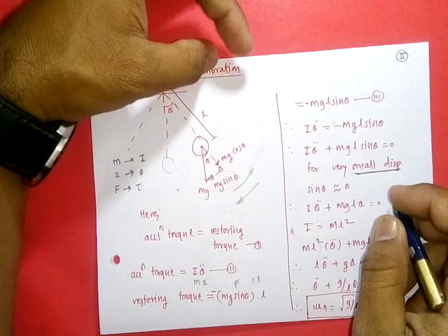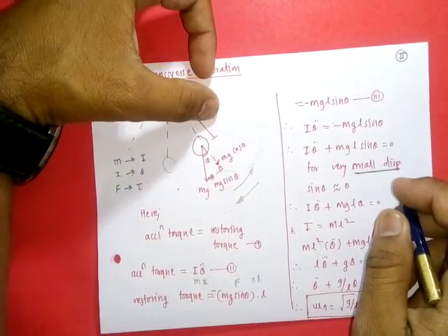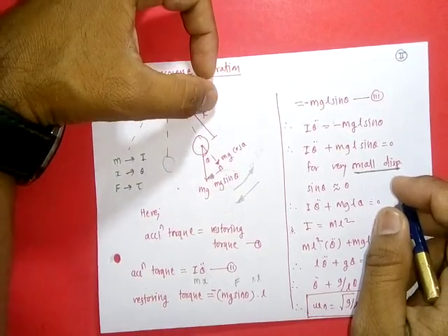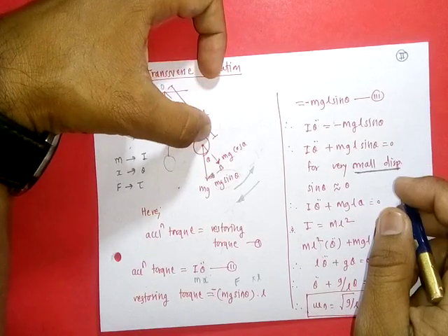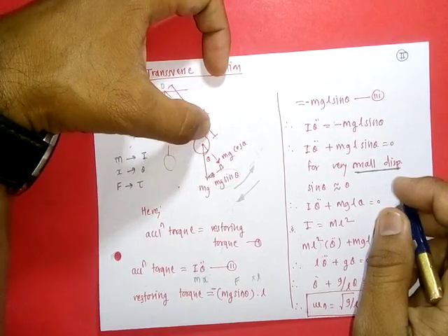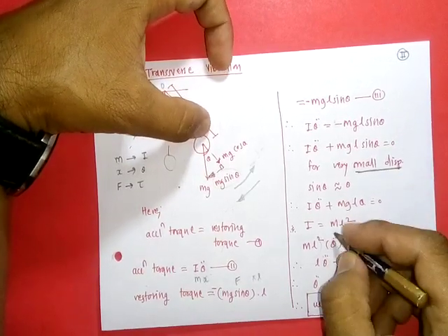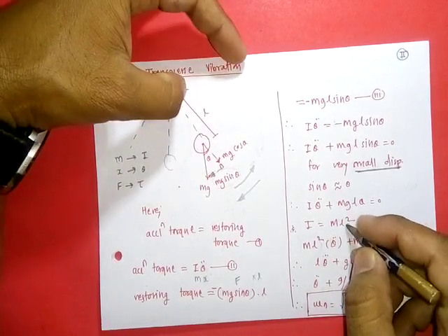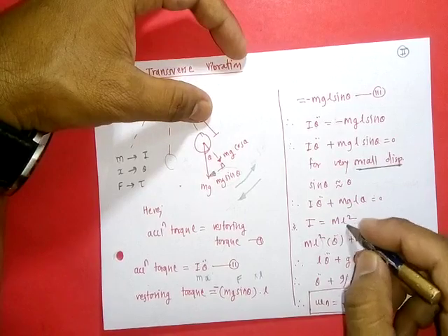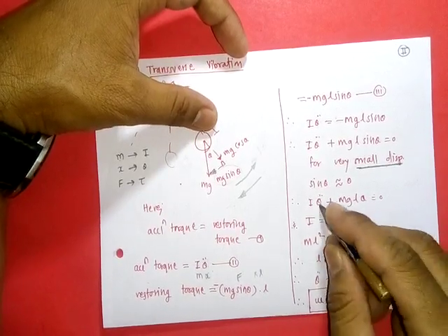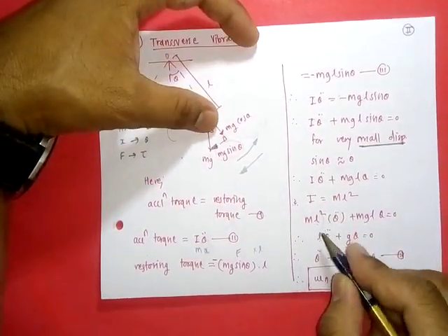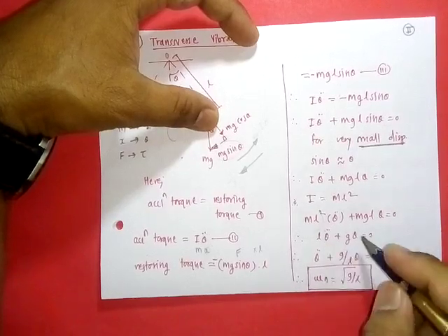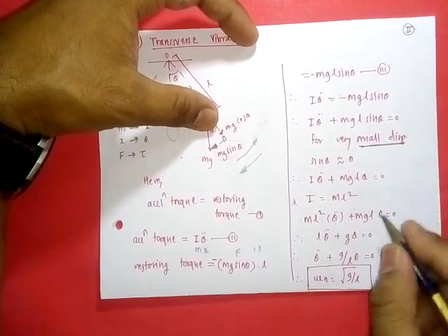As we are assuming that the mass of this length is negligible and total mass is concentrated at the center point of this ball, I will be equal to m into radius of gyration squared. Here the radius of gyration will be L, so I is equal to m L square. Putting this value we get the equation L theta double dot plus g theta is equal to 0.